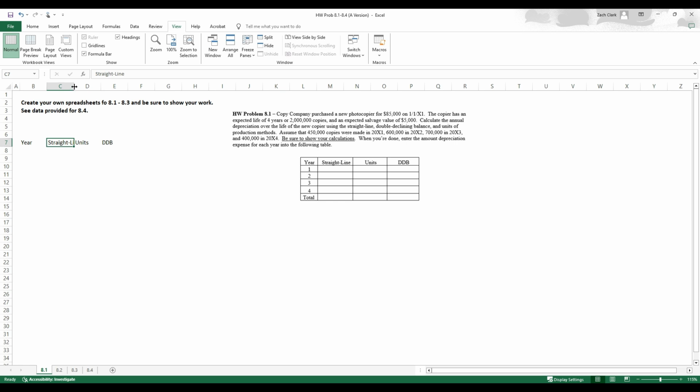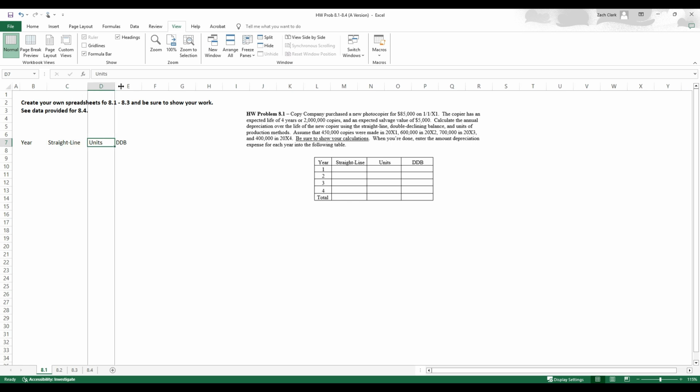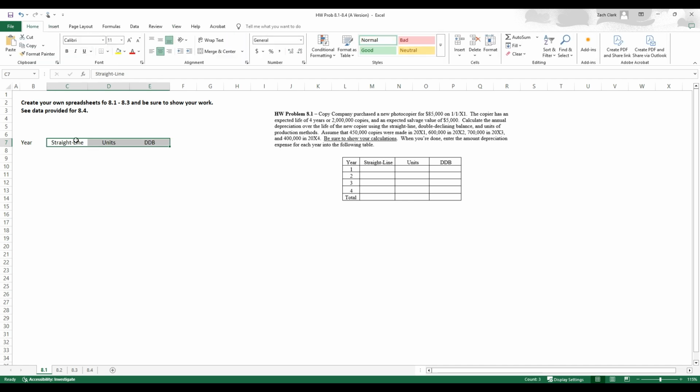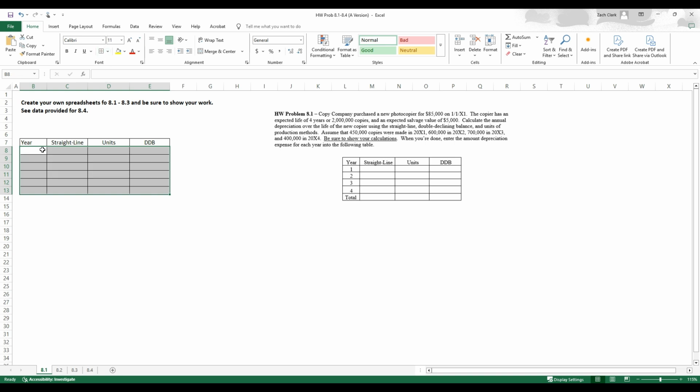And so again, what we're talking about with these DDB and the units and all that, those are the three different depreciation methods. Okay, so I typed one of those into each cell. Then I'm going to make the outlines here, and let's do that same kind of thing for a table here. 1, 2, 3, 4.